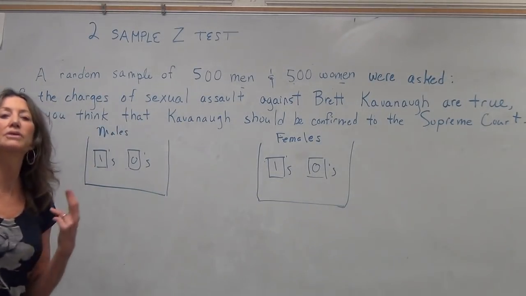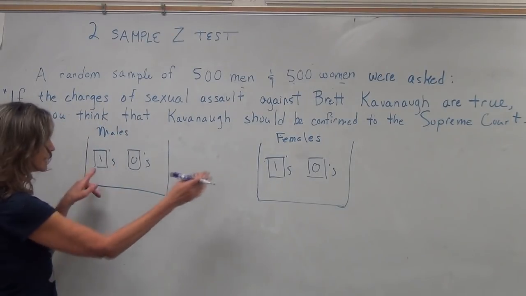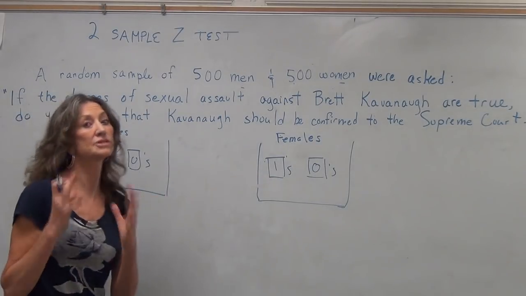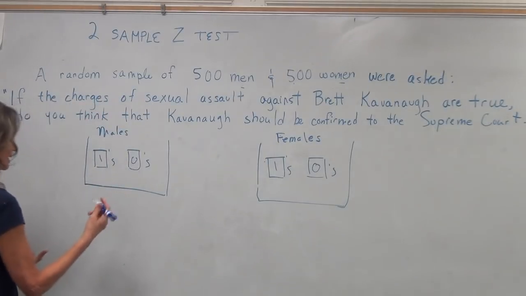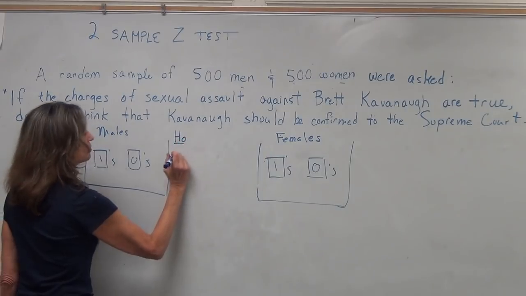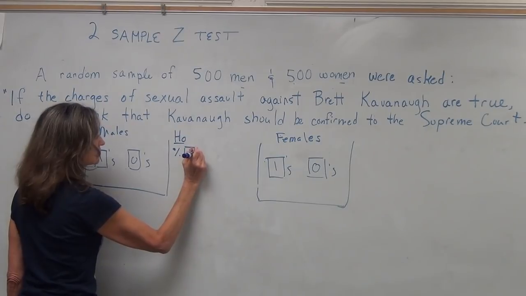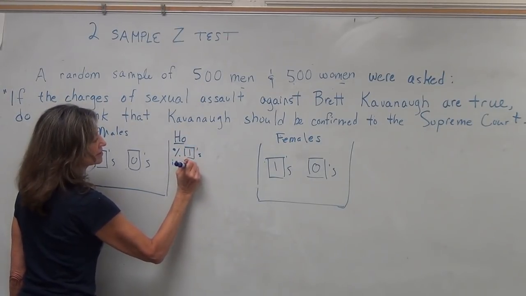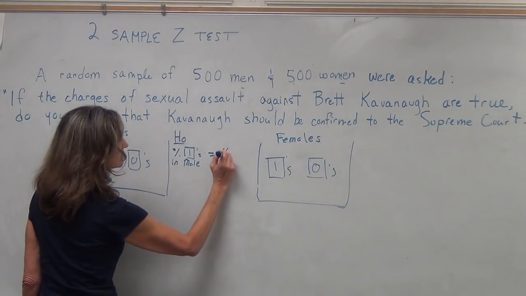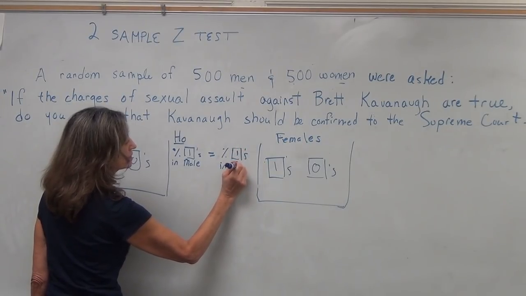Now what would be our null hypothesis? That these two are equal. The percentage who say yes for the males and the females are the same. So H naught is that the percent of ones in the male box, sounds funny, is equal to the percent of ones in the female box.